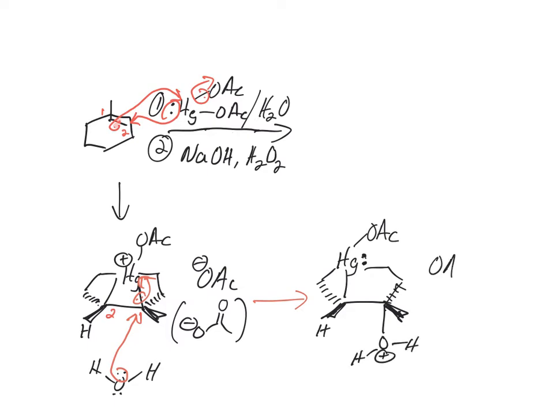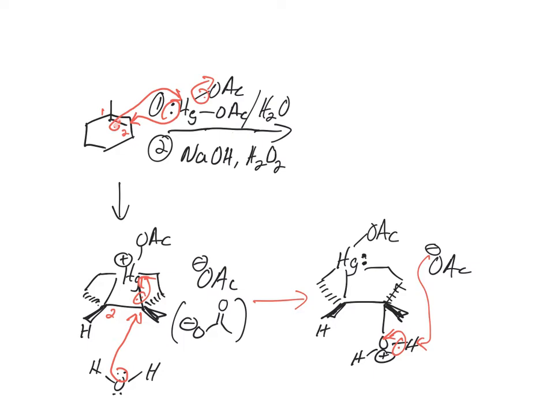You still have the OAc minus floating around. Next step, you can either have the hydrogen just fall off, or you could use the OAc to grab it, or a water to grab it, right? H plus is the same as H3O plus, and OAc with an H is acetic acid, right? So either way we get there.